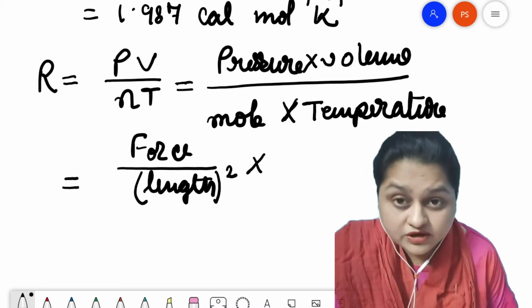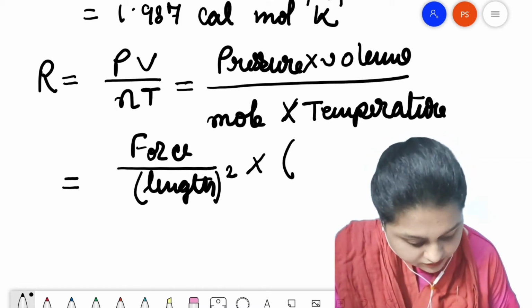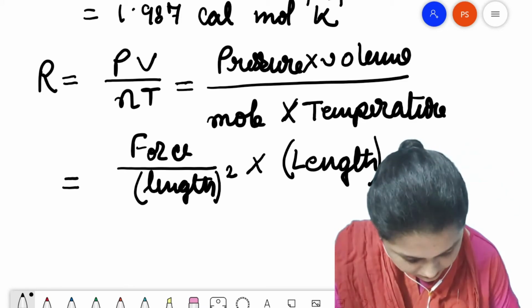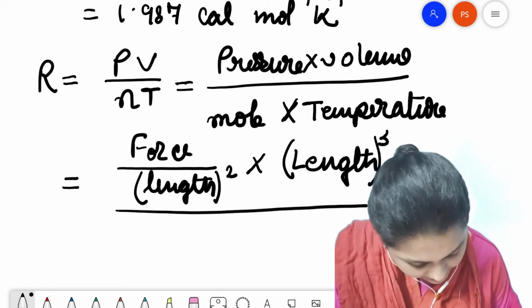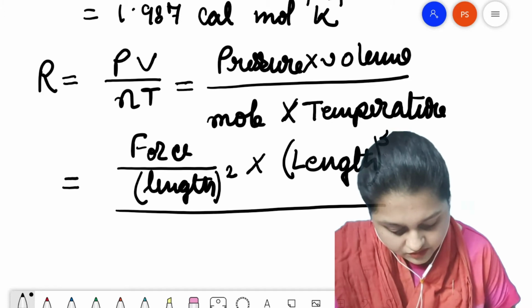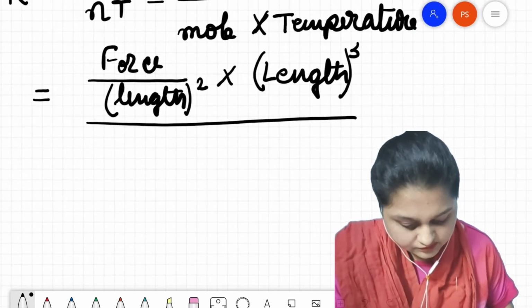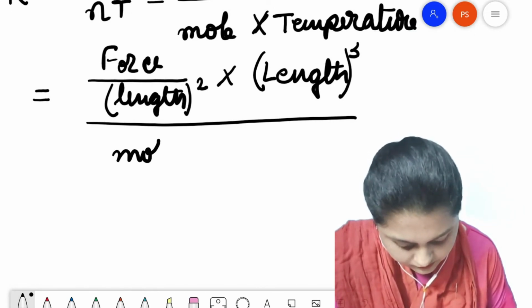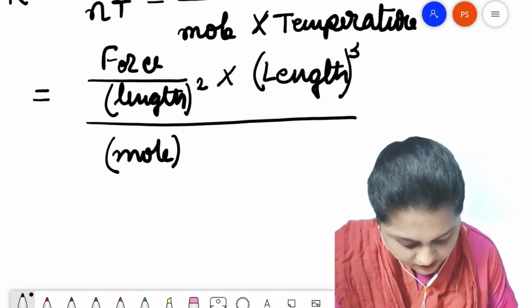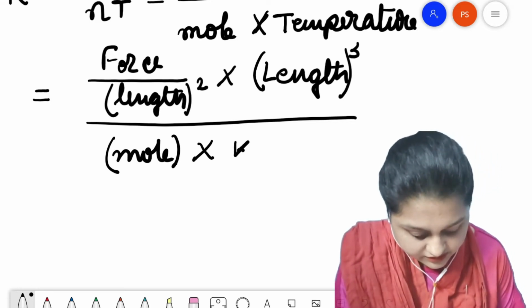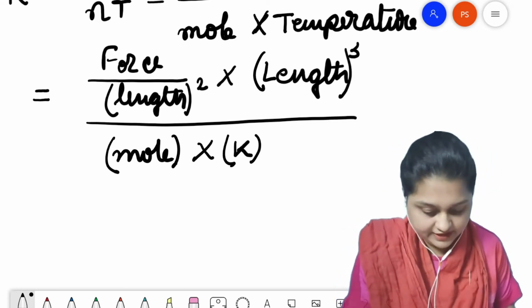Volume is nothing but length cubed, divided by mole, into the unit of temperature, which will be taken in the Kelvin scale.